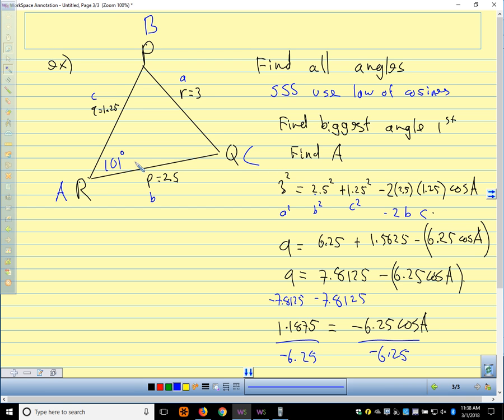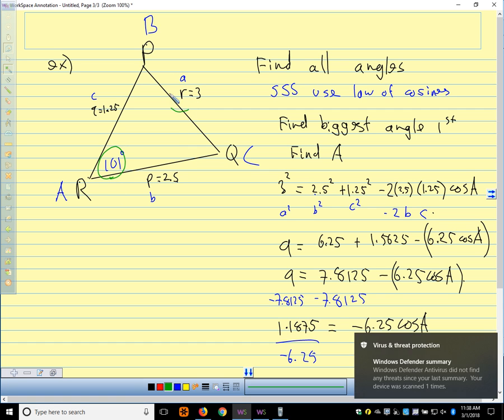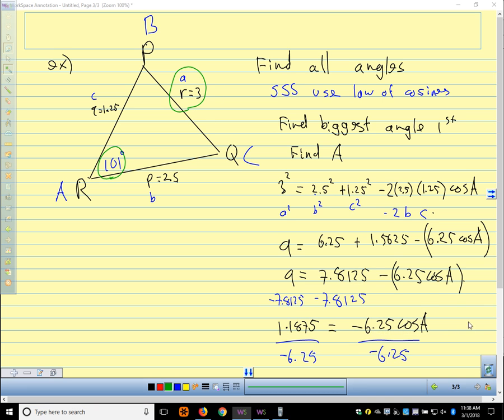Now we can use the law of sines, because we can match this angle with this side that we know, and we could call this QX. So now we can finish with the law of sines, because law of sines is way easier to use.